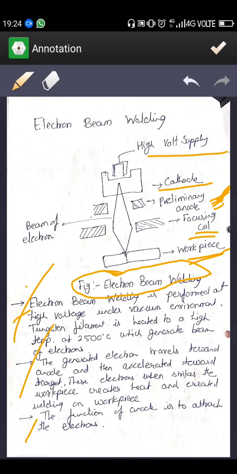The main function of the anode is to attract the electrons that are sent toward the target without allowing them to deviate from their path. In between, magnetic lenses are used to absorb low energy electrons and to allow the converging electrons to pass.